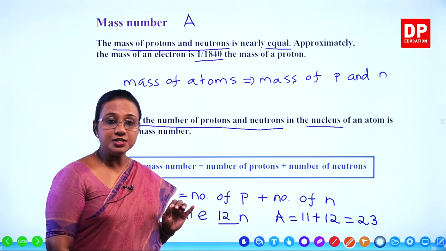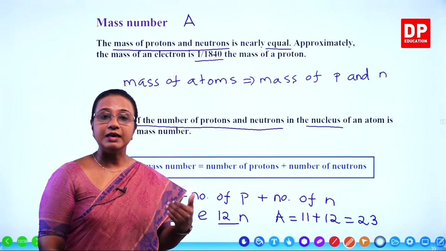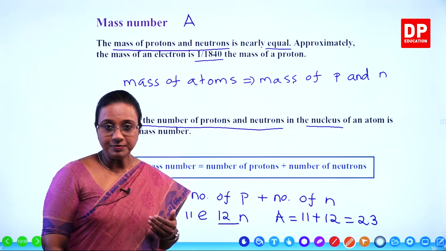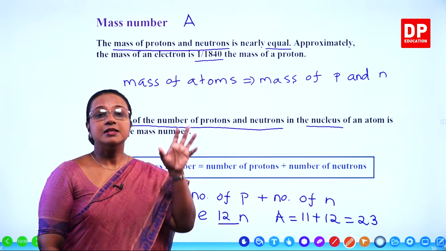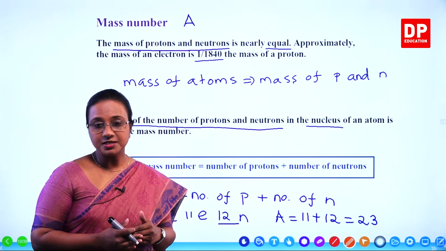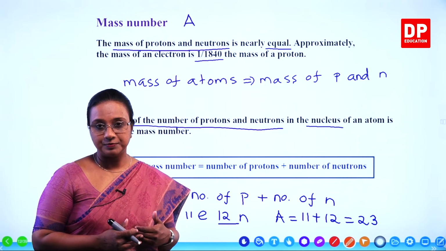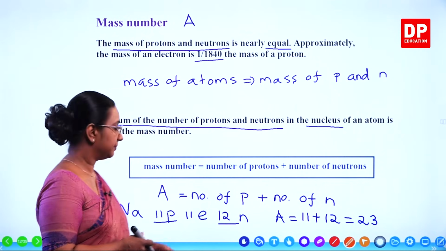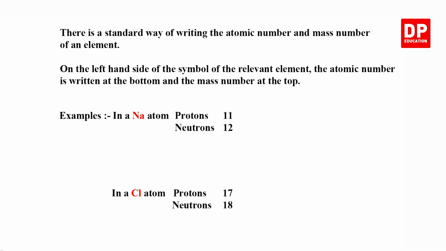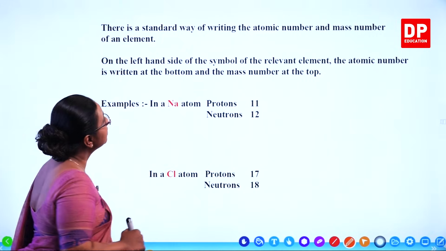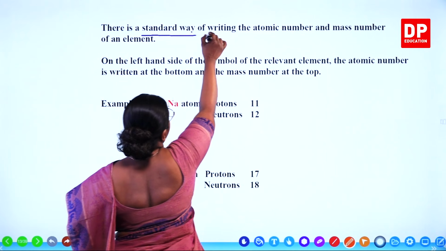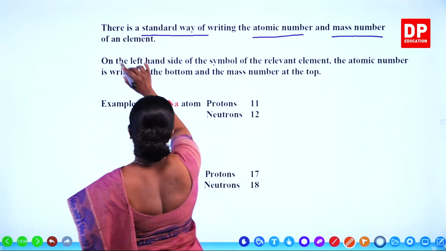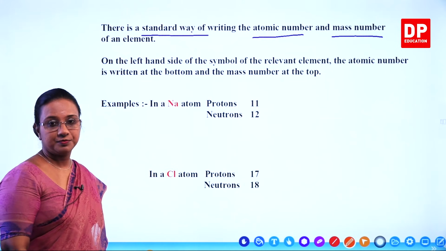When we have these two properties, we give a standard symbol for the atom and we write a standard representation of the atom. Now we will see how we can write that. There is a standard way of writing the atomic number and the mass number of an element.